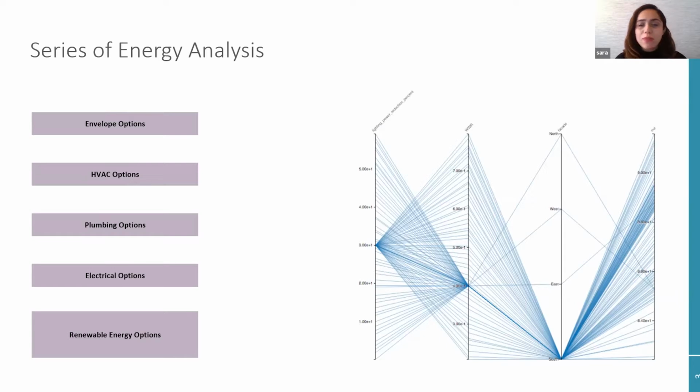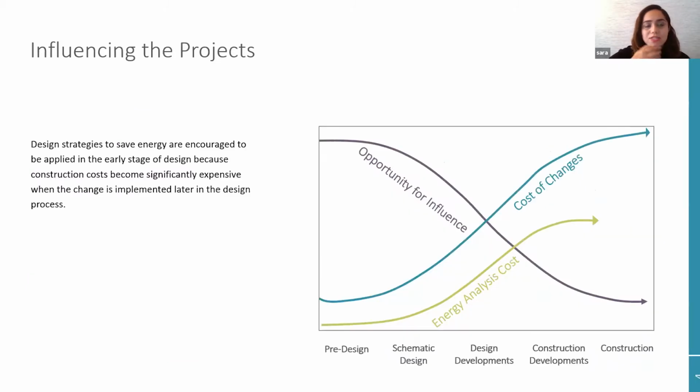However, it's not just about performing the energy analysis, but rather about how much influence the analysis can have on the final project. So it's about influencing the project. This graph shows the different stages, and the blue line shows the cost of construction from pre-design all the way to the construction phases.